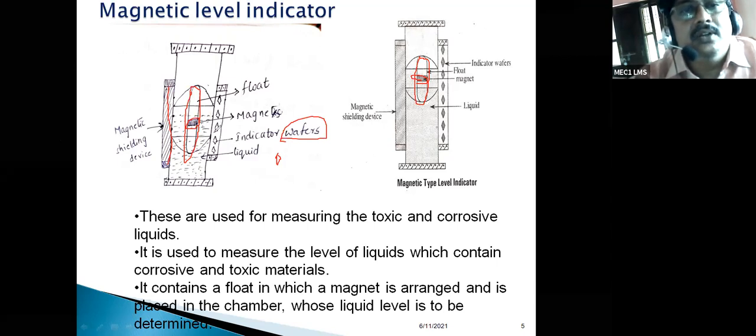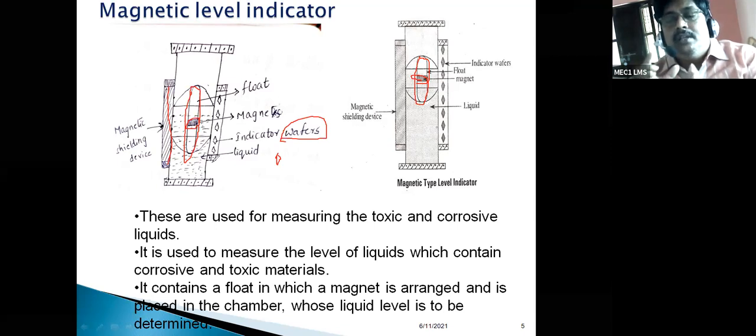I am repeating again, all of you listen carefully. This is used especially where the liquids are toxic and corrosive, very poisonous, maybe at hot temperatures. It consists of a float placed in the vessel containing the liquid whose level has to be measured.